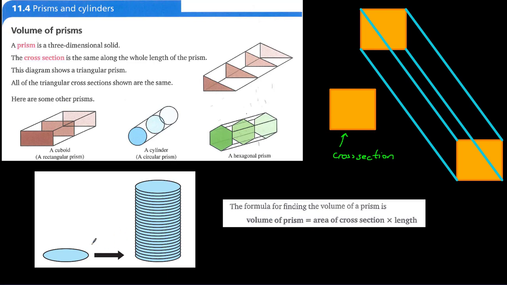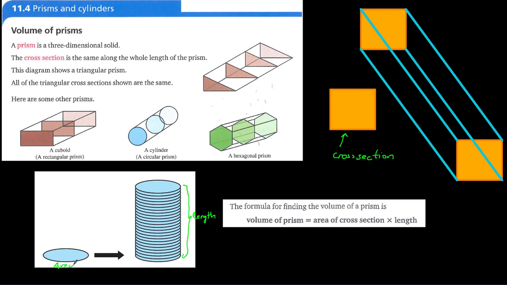This is a cylinder, and there are layers here, infinitely many layers. For finding the volume of this one, you should use the length here, and at the same time the area of the cross section.